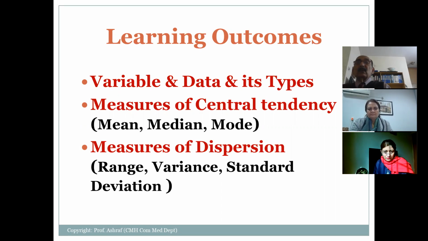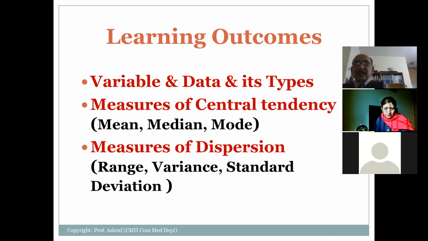Of course, when you do research, you define variables in your study, and what is data, what are its various types. This is basic. All the further analysis, whether a descriptive analysis or an inferential statistical analysis, depends on that.